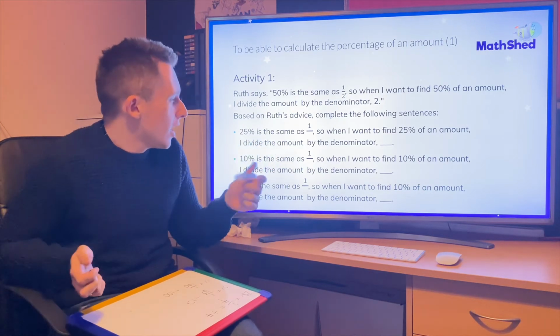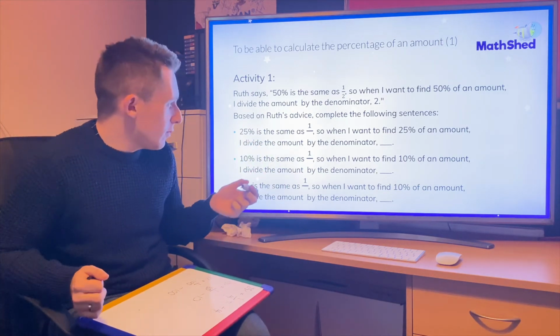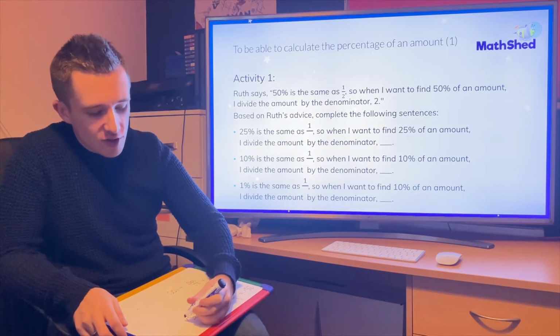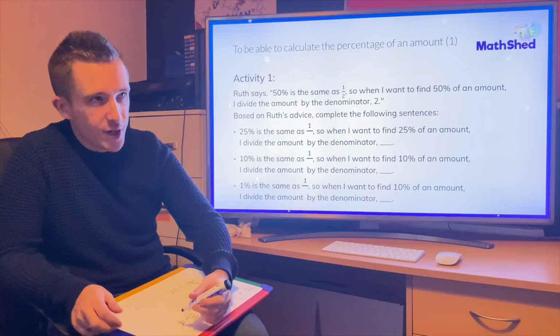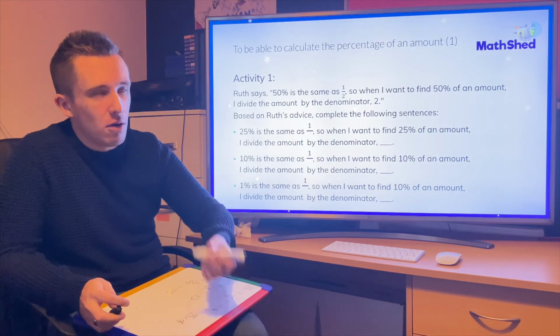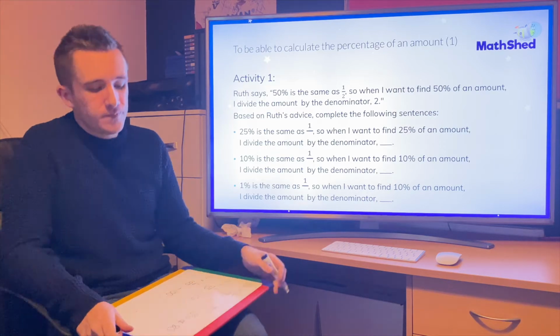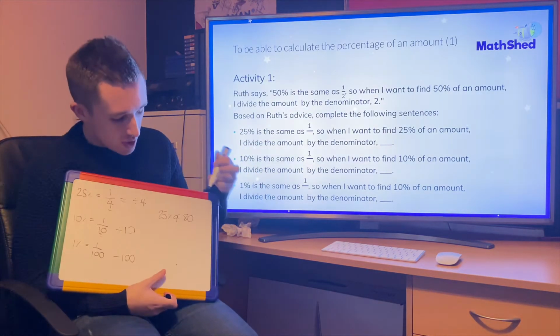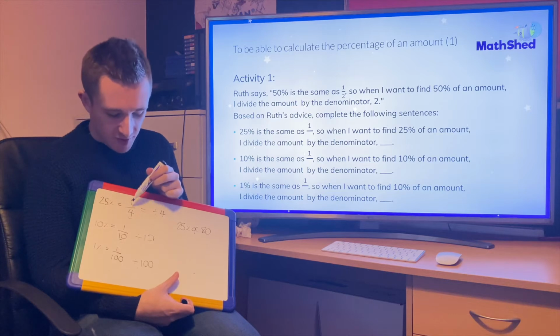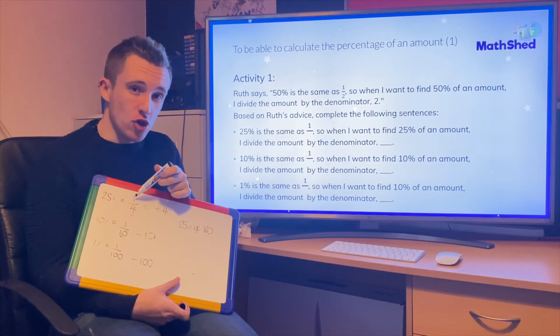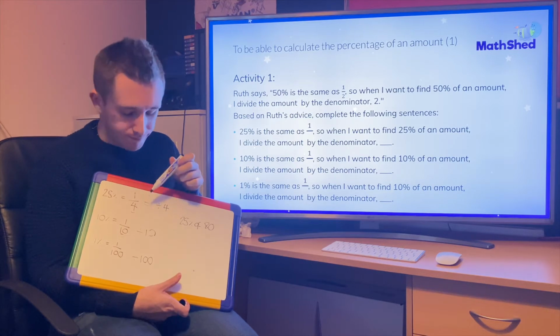Who knows? Right, so let's say the question was find 25% of, I don't know, let's do 25% of 80. Now, 25% is the same as a quarter. It's a unit fraction, i.e. it's got 1 on the top.